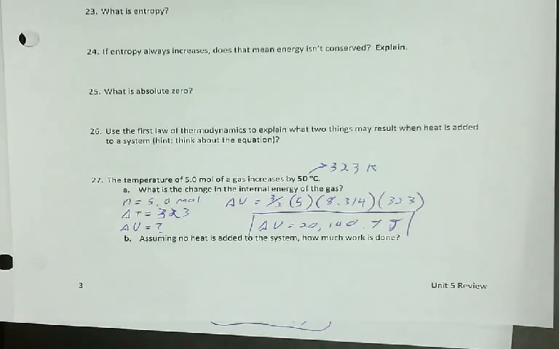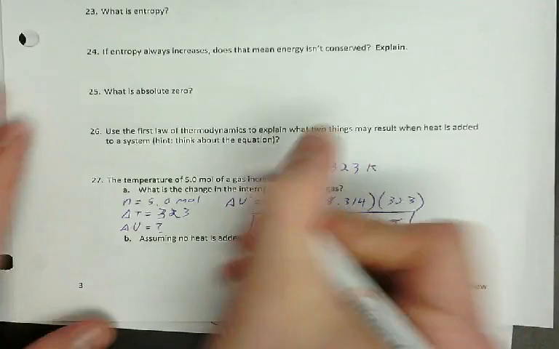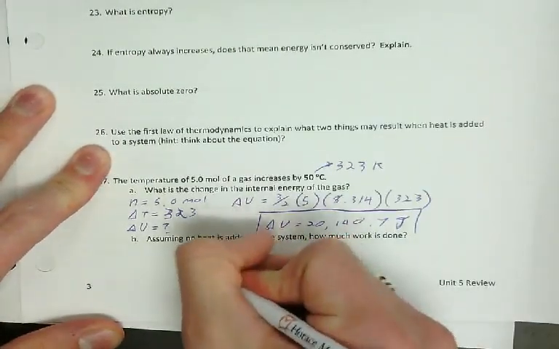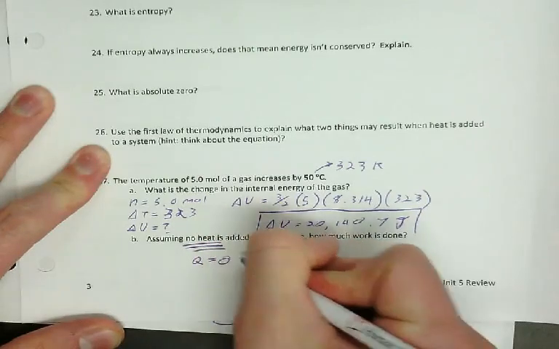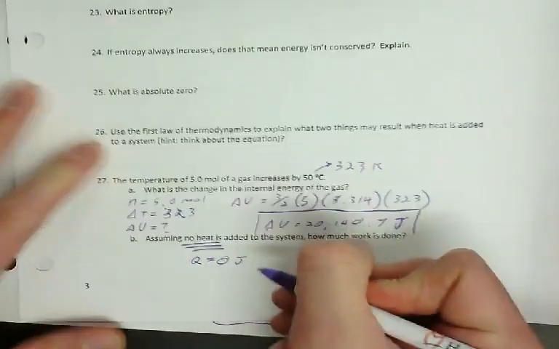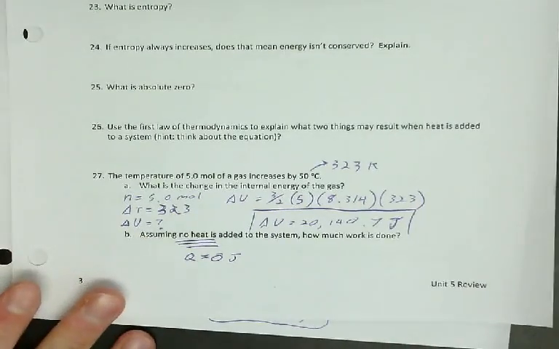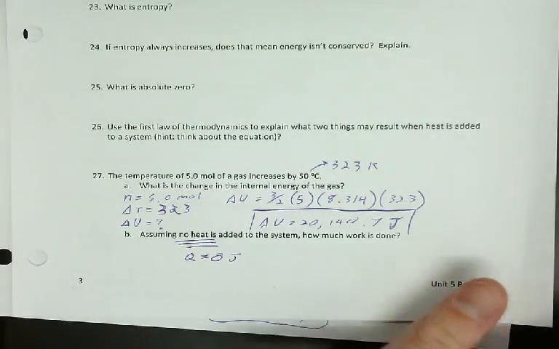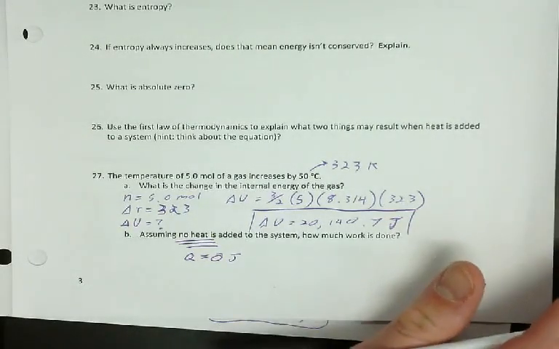So now all that's left is to figure out how much work was done. So here's the key. It said no heat. That means Q equals 0. Remember, heat is joules. Heat is Q. This is talking about the first law of thermodynamics.